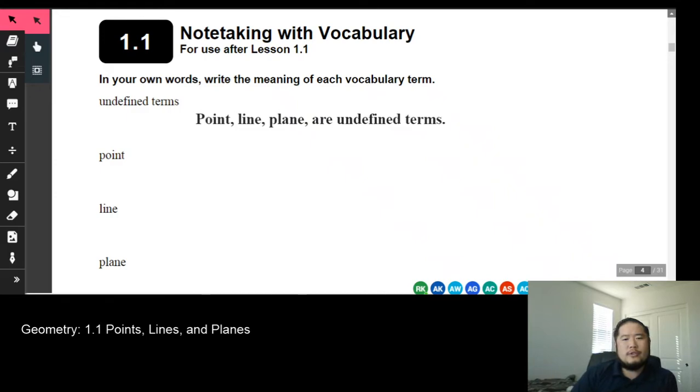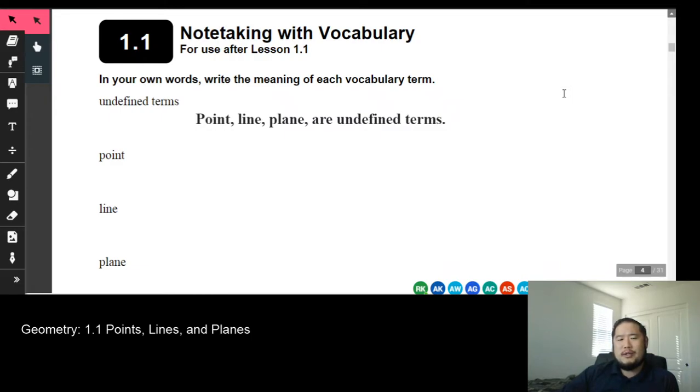The first term that we have is what we call undefined terms. An undefined term is a point, line, or plane. Those are undefined terms. They're only defined when we actually start labeling them. So as is, they don't really have much meaning.